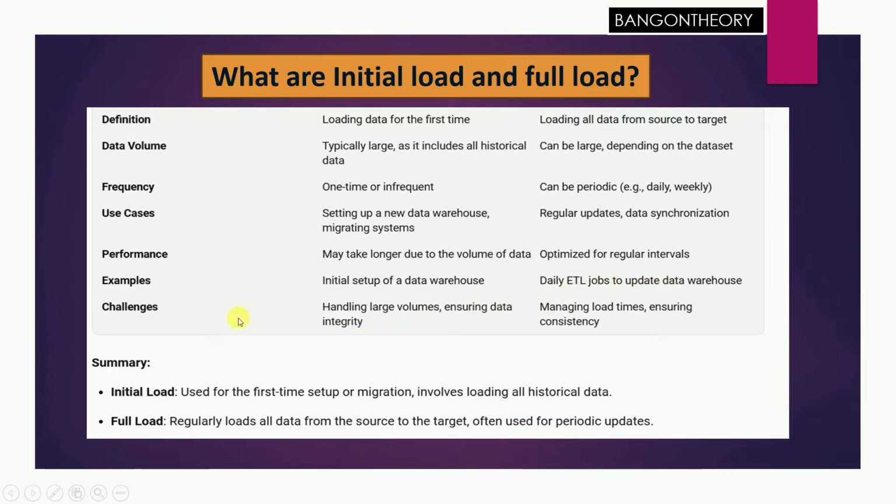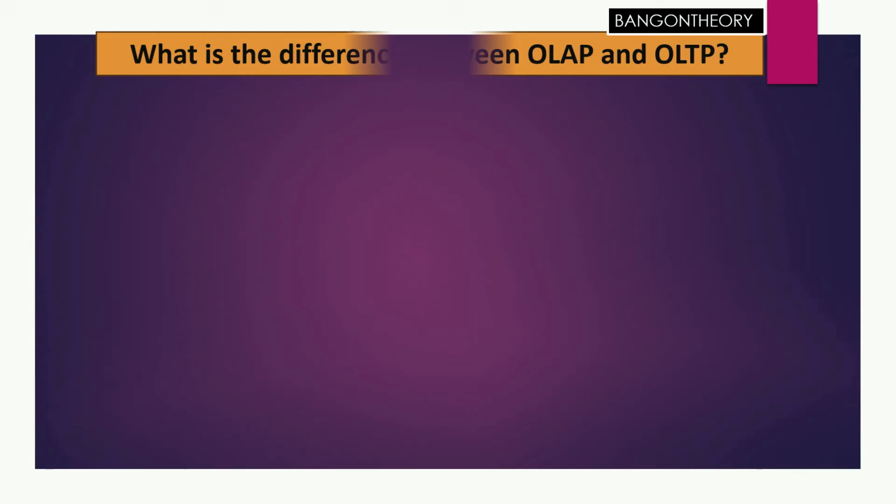The challenges we face in initial load are handling large volumes and ensuring data integrity, and in full load managing load times and ensuring consistency. To summarize, initial load is used for first time setup or migration and involves loading all historical data. Full load regularly uploads all the data from the source to the target, often used for periodic updates.